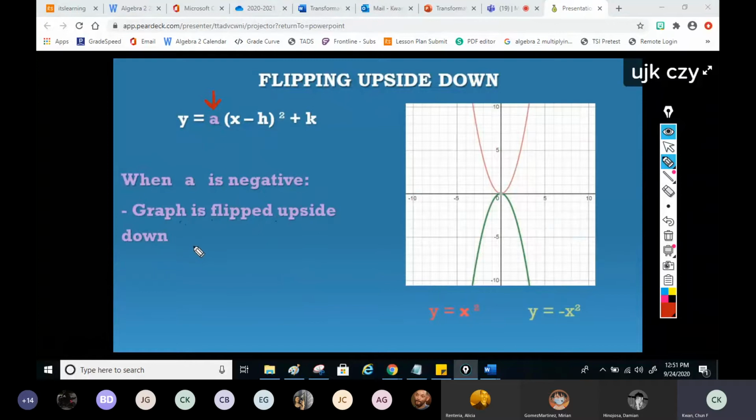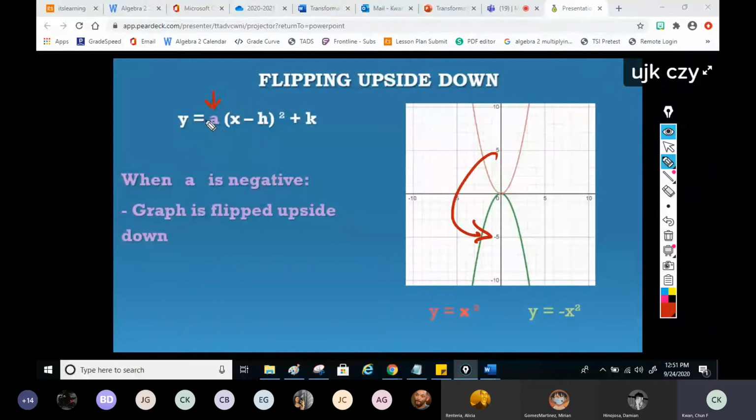A regular quadratic function looks like the letter U. But if you have a negative number in the front, the graph is going to flip upside down. You still start at the same spot, but it just flipped upside down like this.